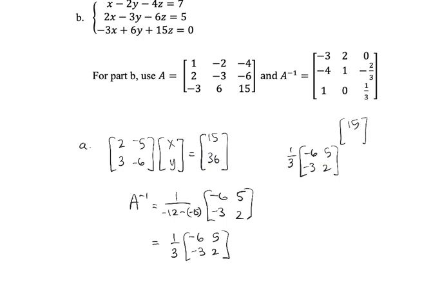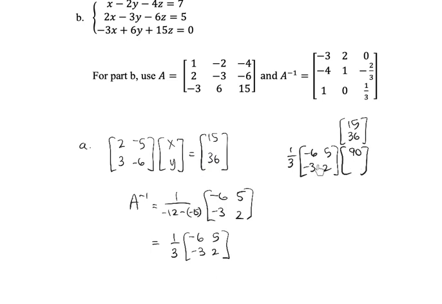The matrix 15, 36. Okay, this entry is found by combining this row with this column. So negative 6 times 15 is negative 90. 5 times 36 is 180, so negative 90 plus 180 is 90.